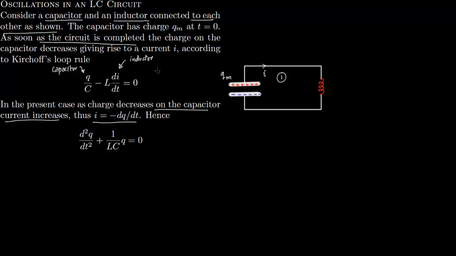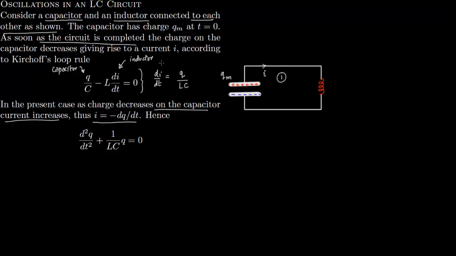Now we rearrange this equation here. So this equation you can write as di by dt is equal to Q by LC.